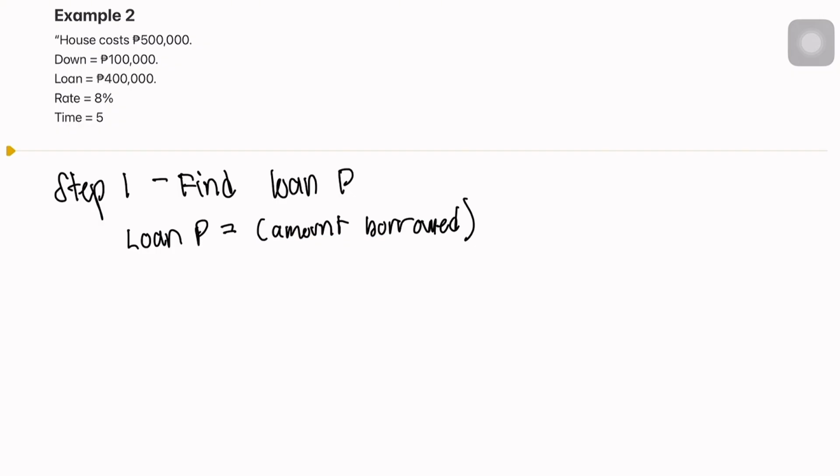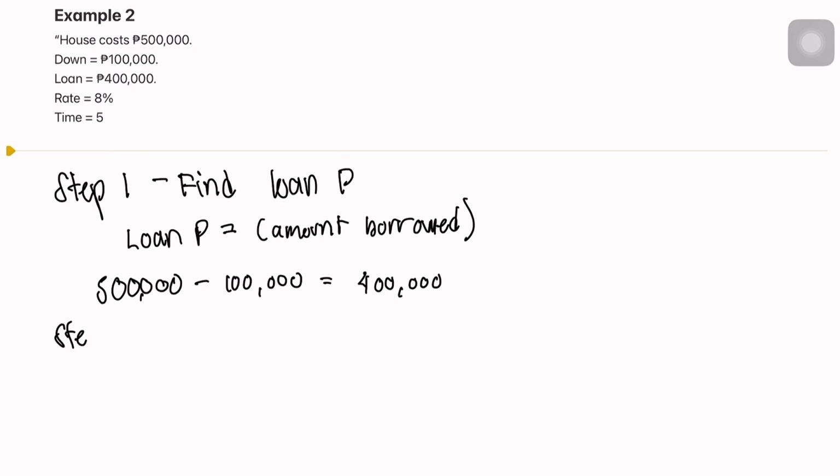Now let's subtract it. So our principal is 500,000 subtracted by the down payment, which is 100,000, is equal to 400,000. So that's our loan principal.